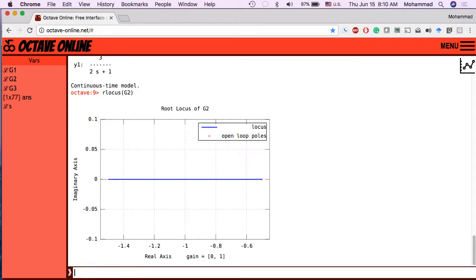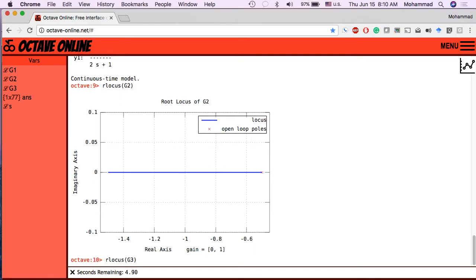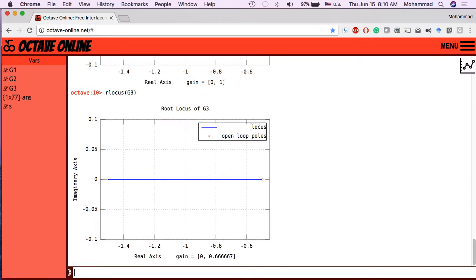So we can look at g2 just by itself. So rlocus of g2. You can see again, because the denominator of the open loop transfer function is the same, this root locus is exactly the same. So as you increase k, basically it starts from -1/2 and goes to the left. And the same with g3. So if you look at rlocus of g3, it's the same way.